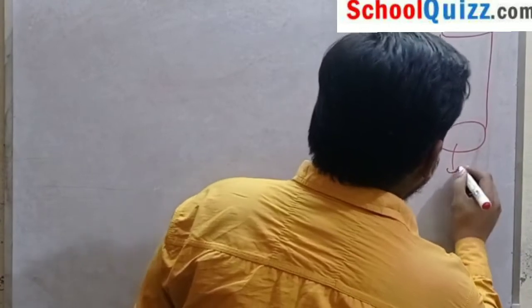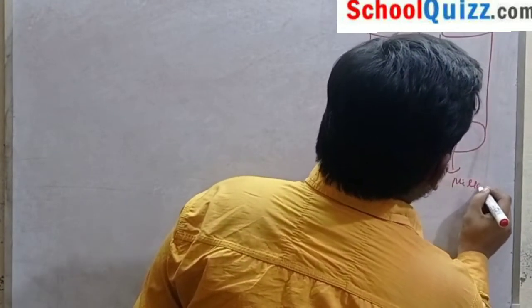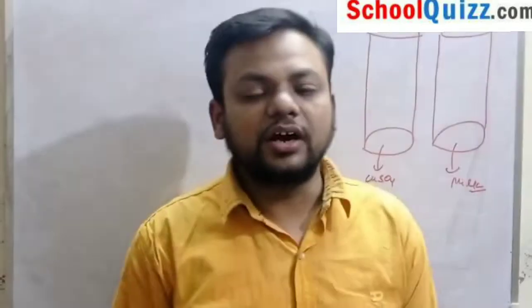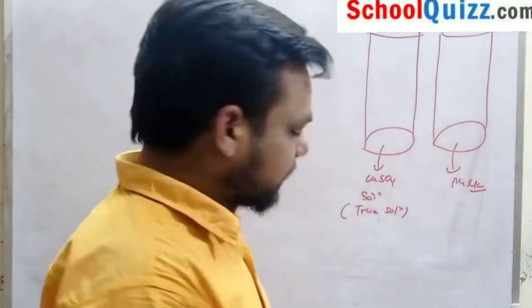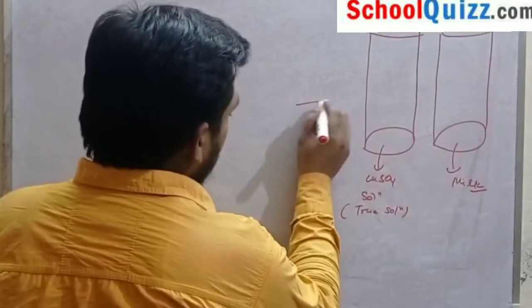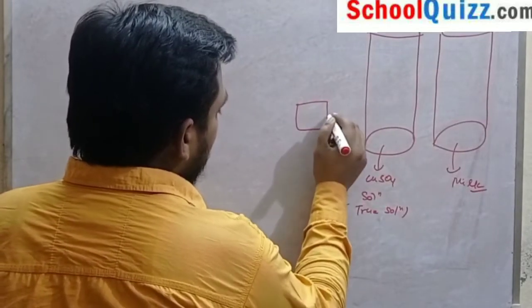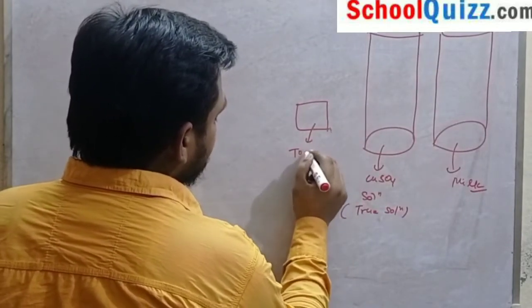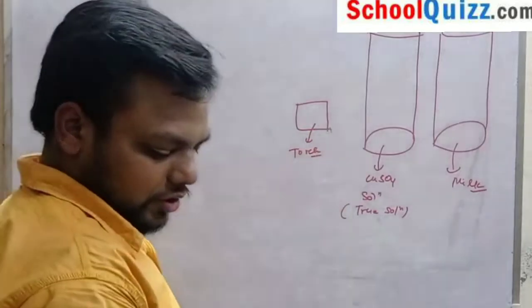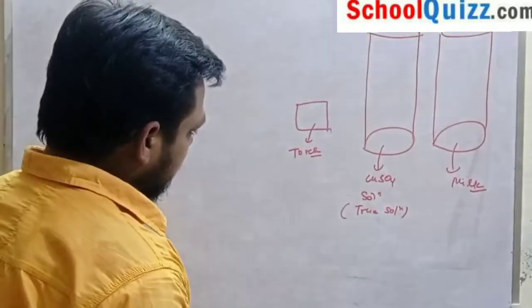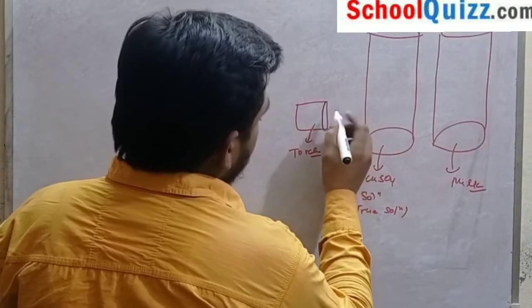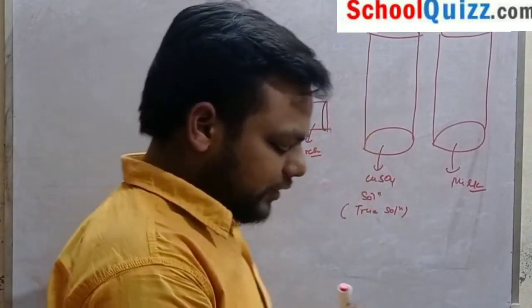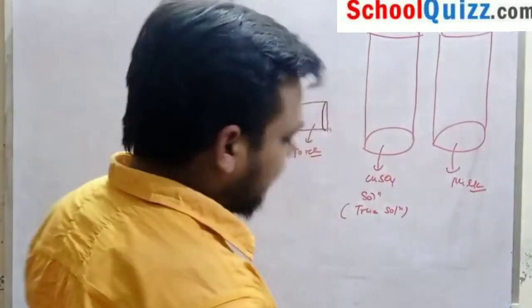And the other we will take is milk. As we know, milk is a colloidal solution. So suppose here it is our torch, through which light rays are emitting.